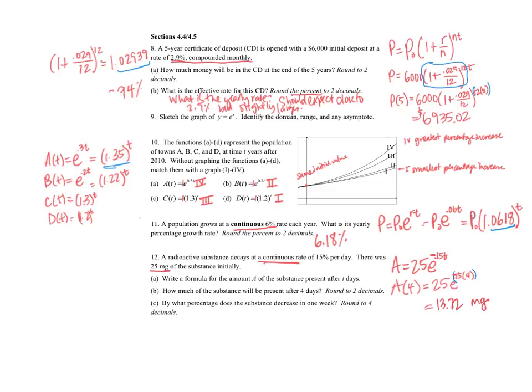Okay, then by what percentage does the substance decrease in 1 week? All right, so now t stands for the number of days, right? And so 1 week, that would be 7 days. Oh, I'm supposed to round to 4 decimals. Okay. Yes, so we'll do A of 7 equals.